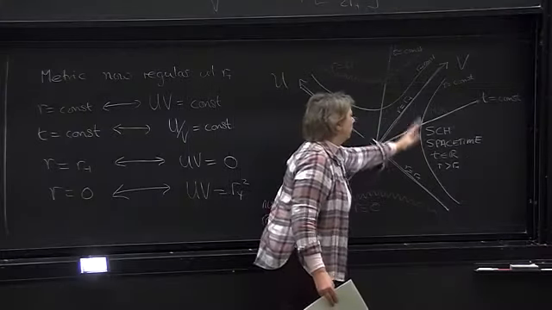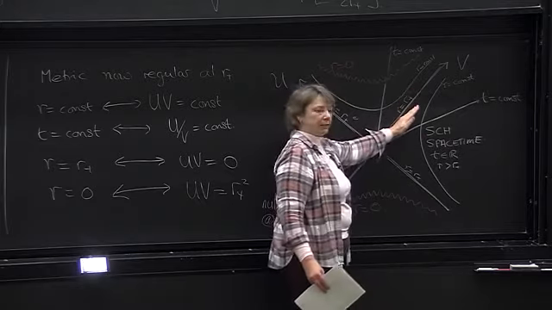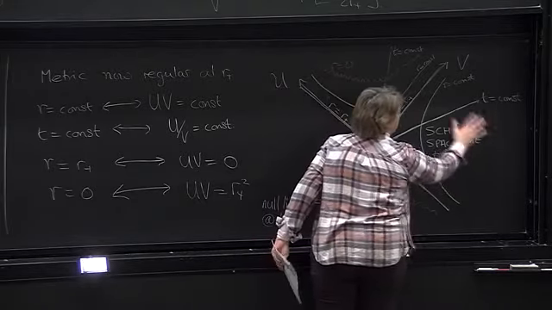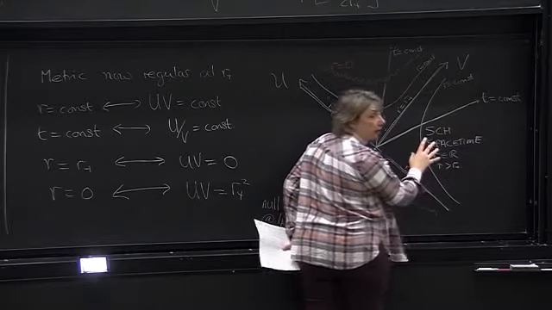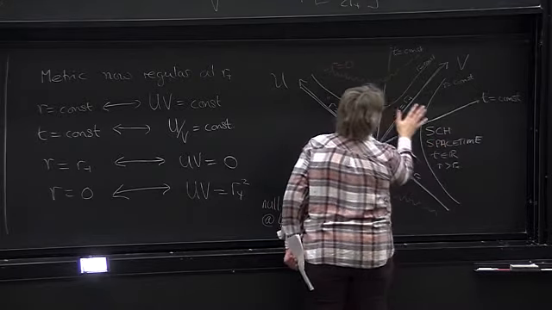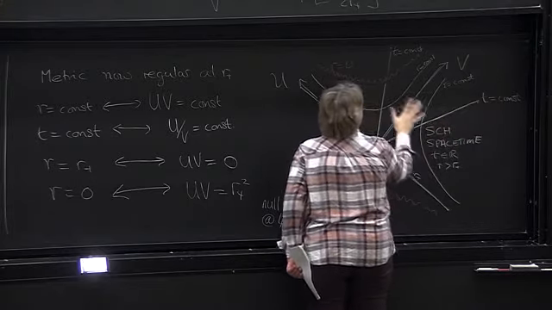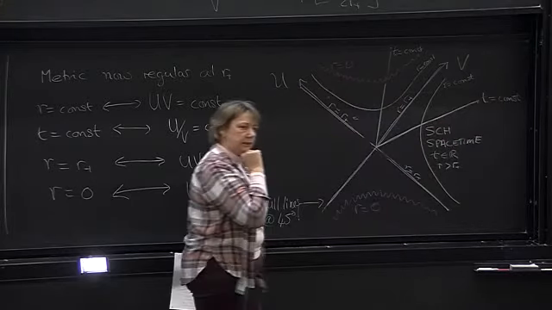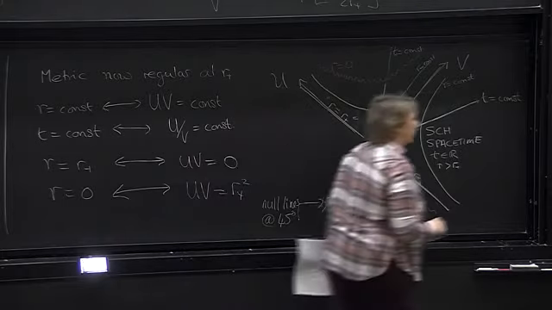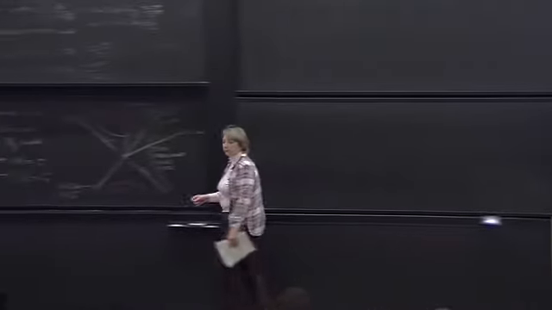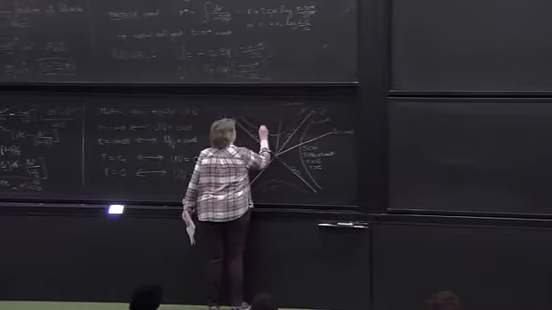In this top bit, all light rays, all information starting on the right-hand side, if it's not going to escape out to the right, crosses to the left and hits the singularity. That top portion is what we would call a black hole. It's the interior of the event horizon.